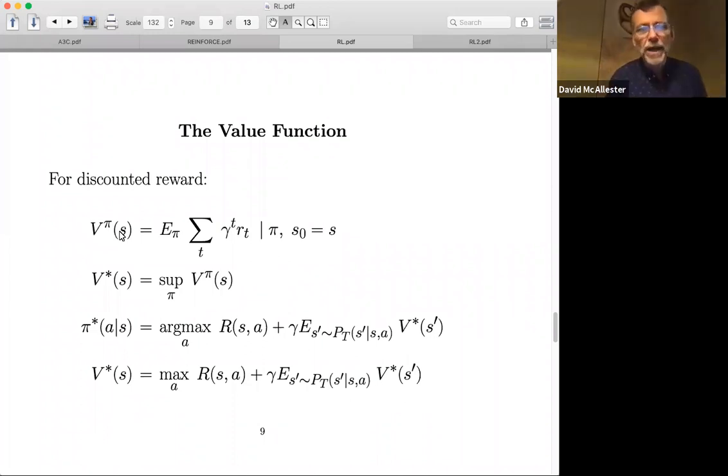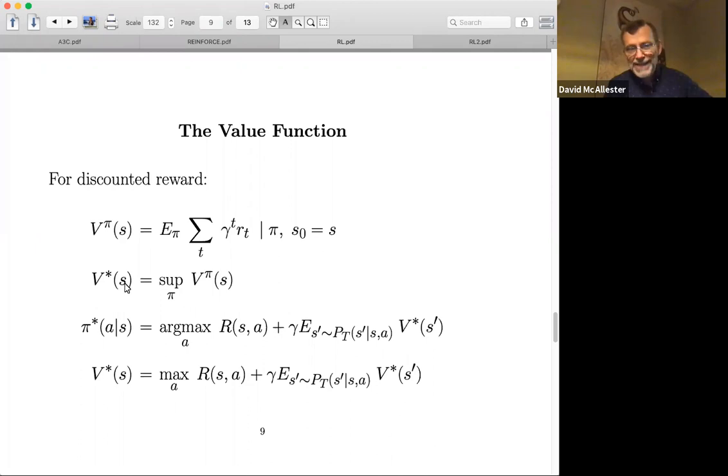This is a really unrealistic assumption, but it justifies simple algorithms that you'll always see in a course on reinforcement learning. So start thinking in terms of a finite number of states. For any given state, there's the expected discounted reward I'm going to get if I start in that state. So it's a function of the start state.